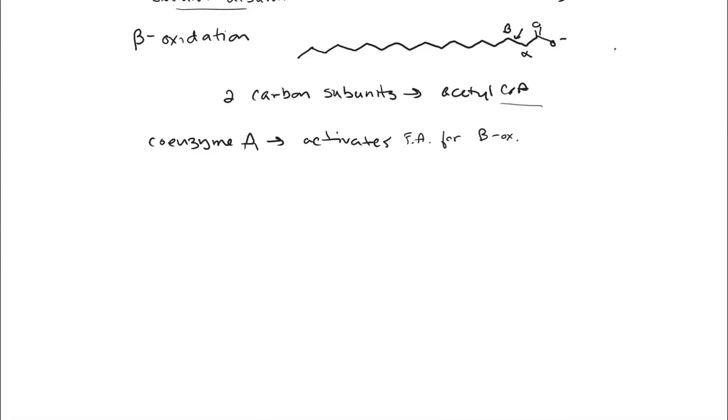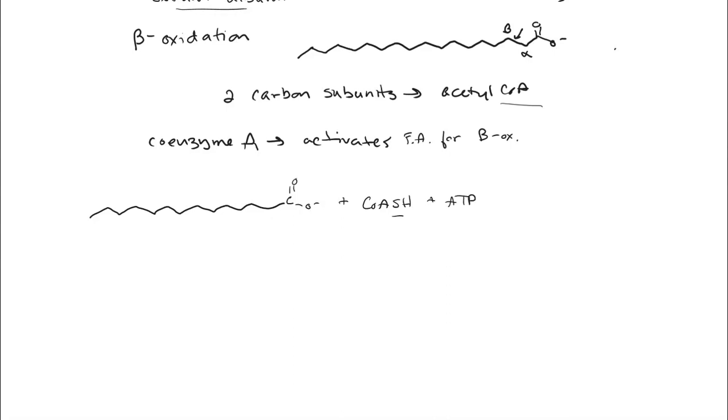Firstly, let's take a look at the activation step. So the activation step looks like this. I'm going to have our fatty acid, and I'm not going to count them. This is going to be an approximate. The tail is probably going to be overly short, and we've got our carboxylate, and this is going to react with coenzyme A, which includes a sulfhydryl group, and ATP.